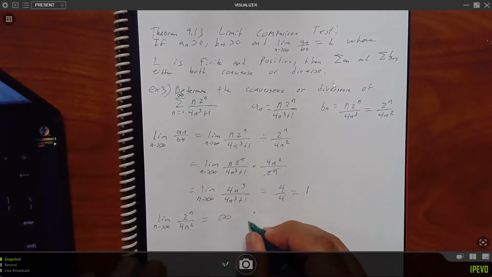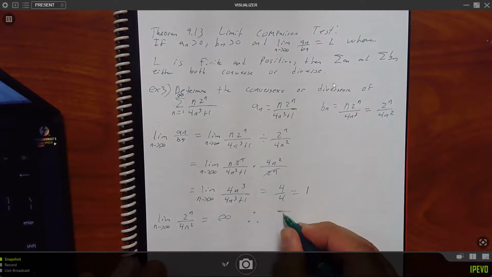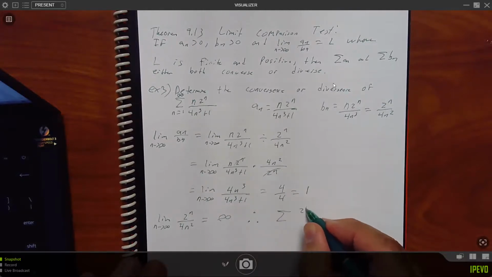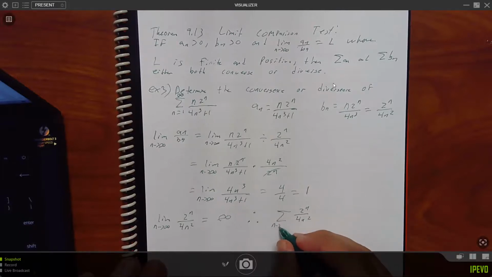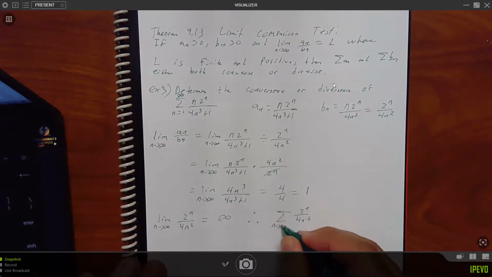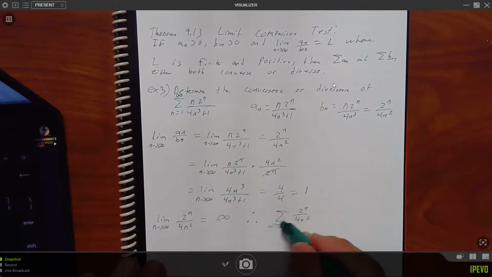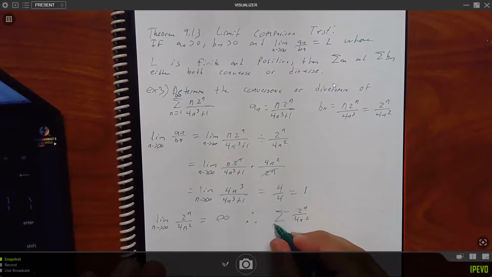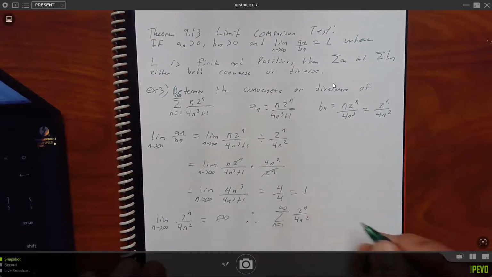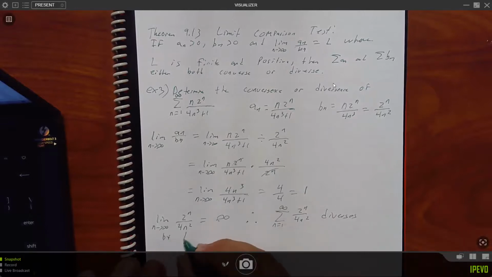Therefore, the series of 2 to the n over 4n squared, n equals 1 to infinity, diverges by the nth term test.